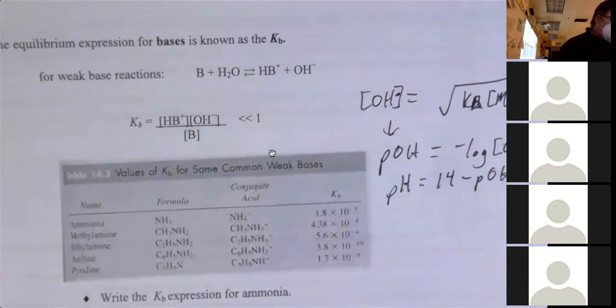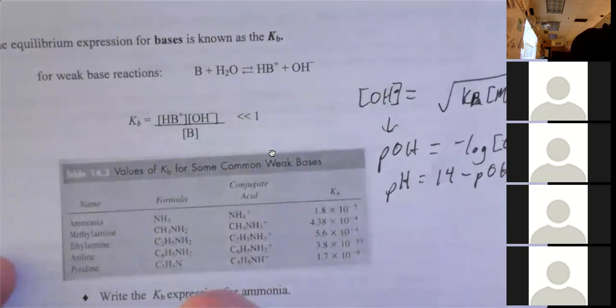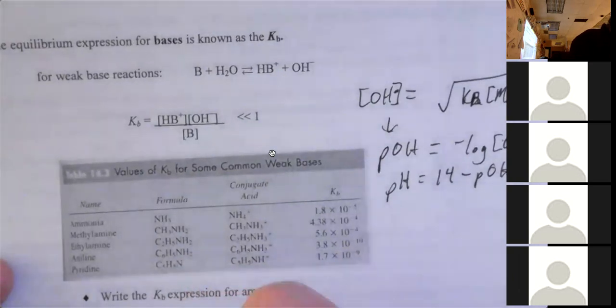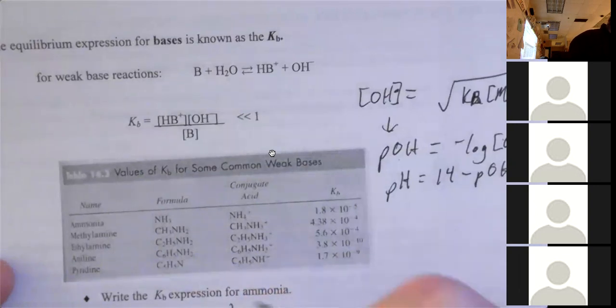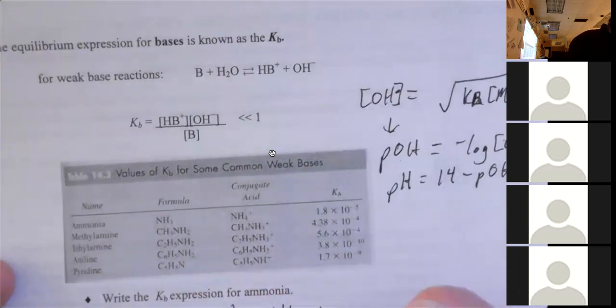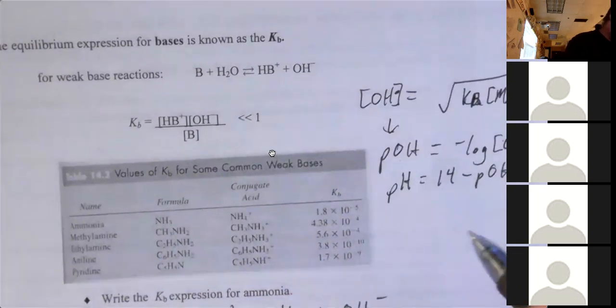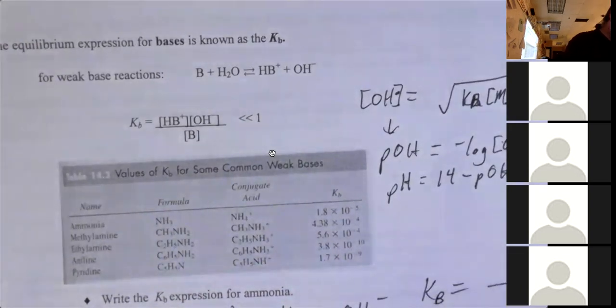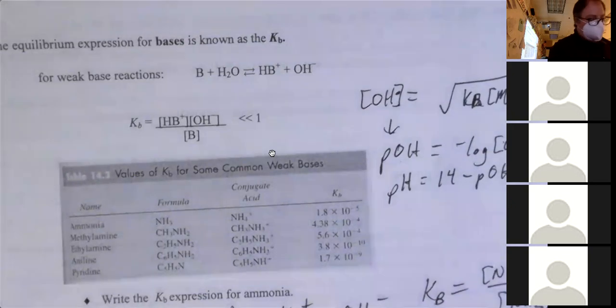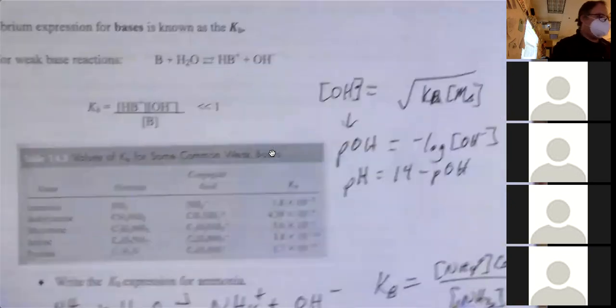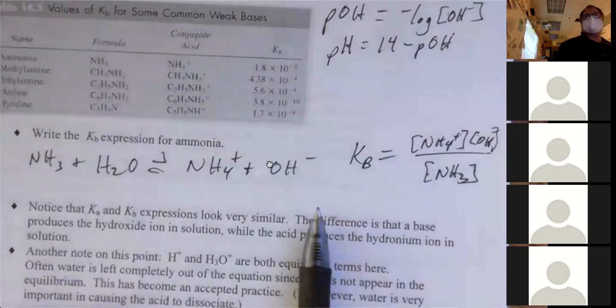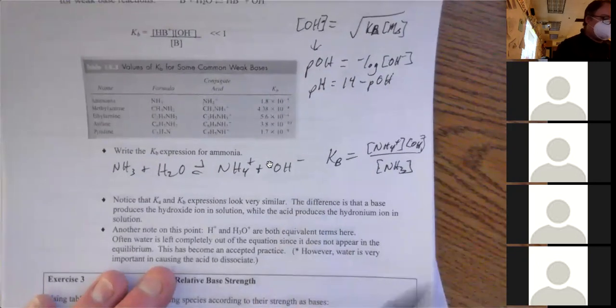Write the Kb expression for ammonia. So if we take a look, ammonia plus water yields NH4 plus and OH negative. Again, products over reactants, and this will be the concentration of that base.